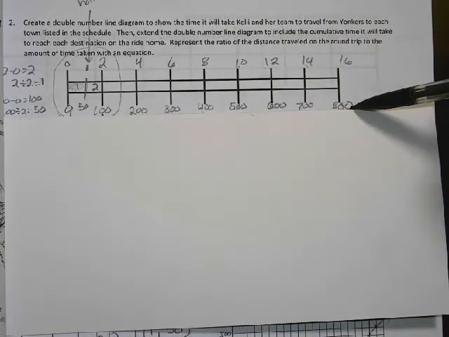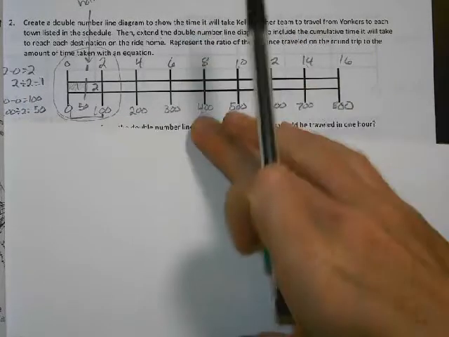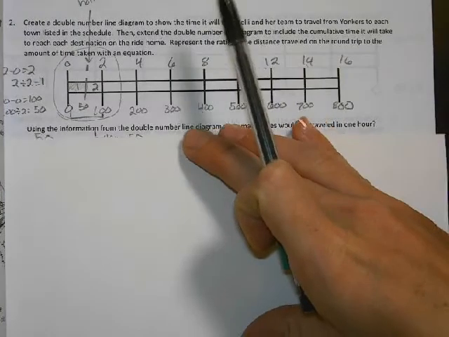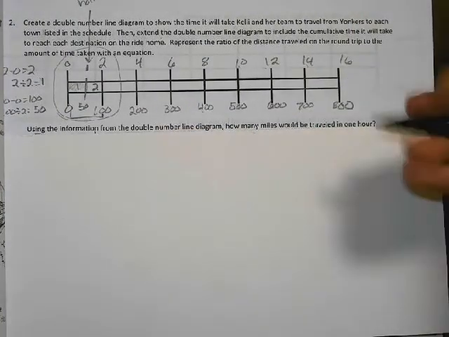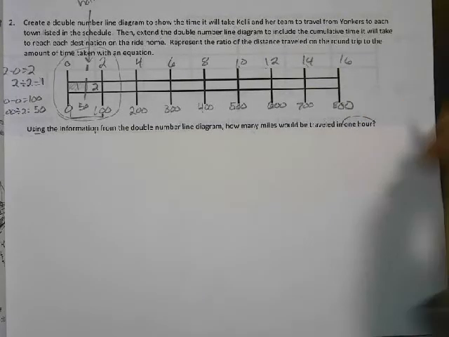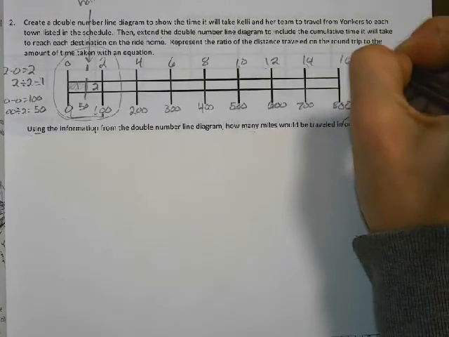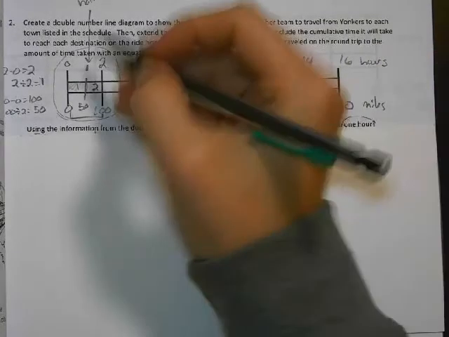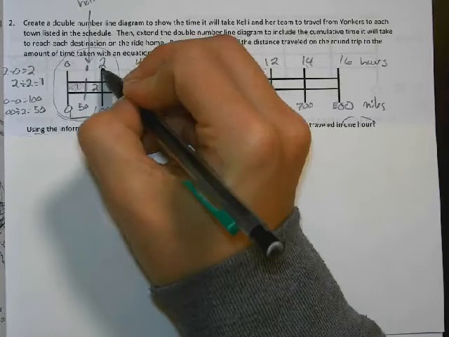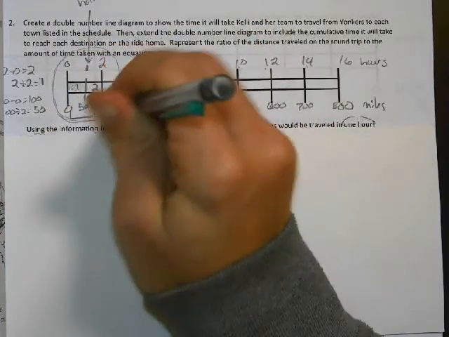Now, the question that they asked us below says, using the information from the double number line, how many miles would be traveled in 1 hour? Well, my top is my hours, the bottom is my miles, and so I need to figure out where 1 hour is. Well, I go from 0 to 2, so this is the part I'm going to be finding.